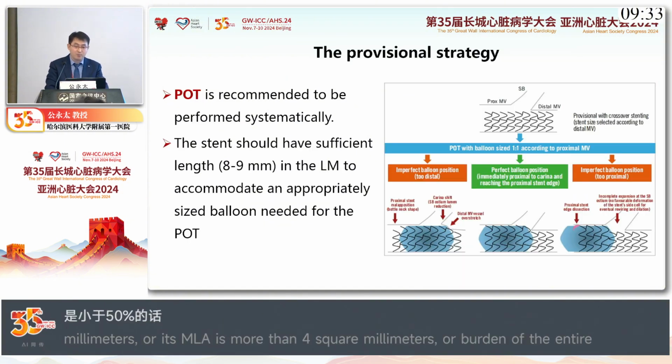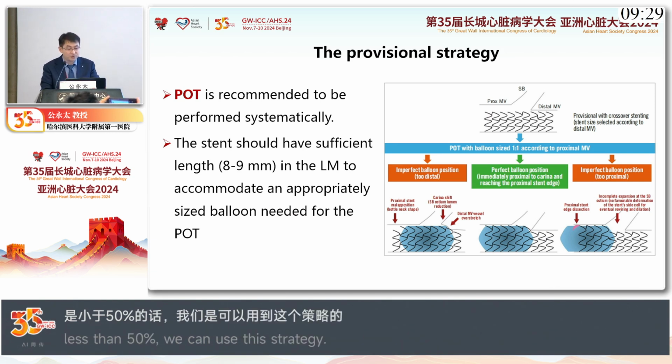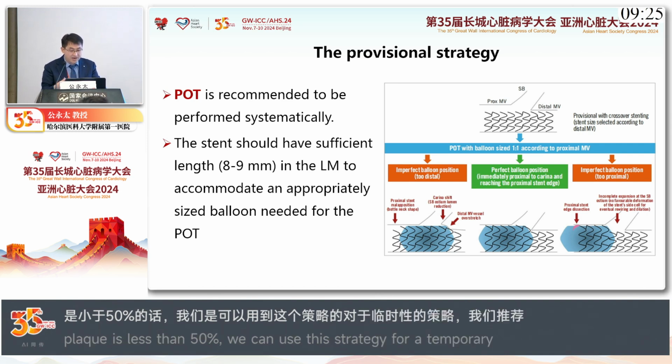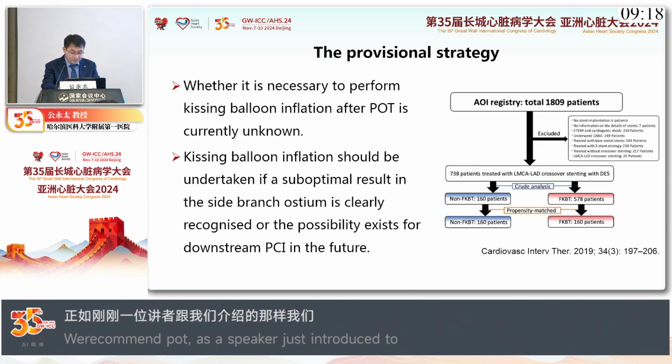For the provisional strategy, POT is recommended to be performed just as described in the last topic.